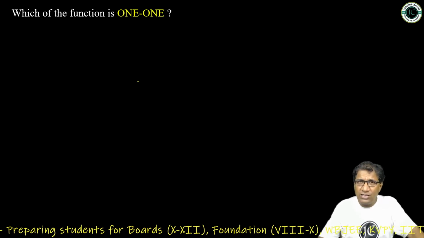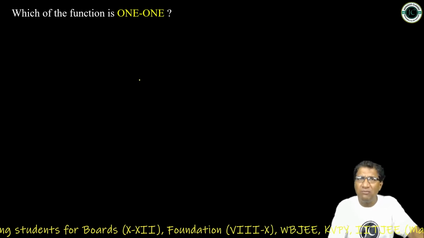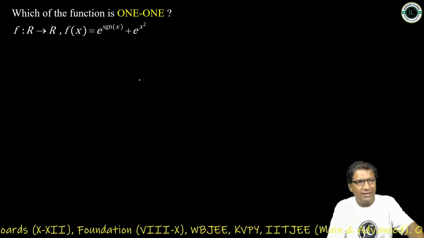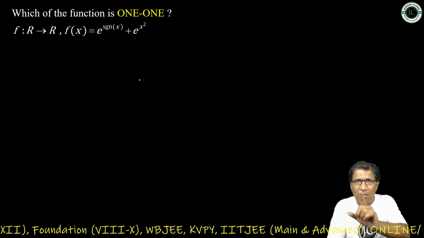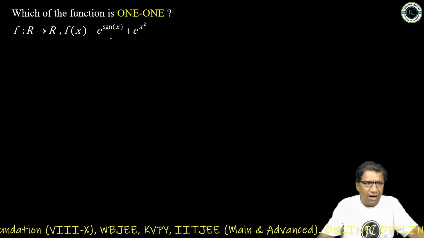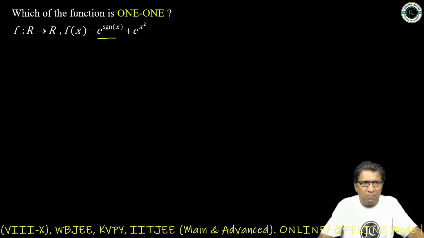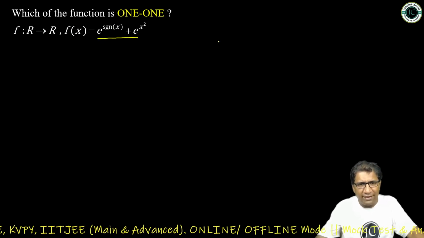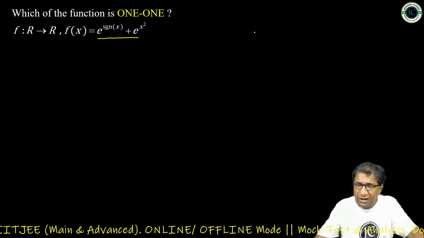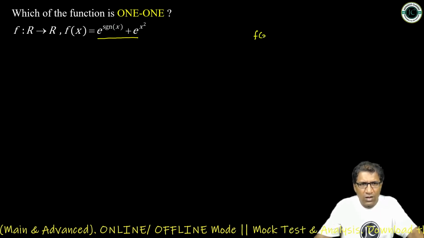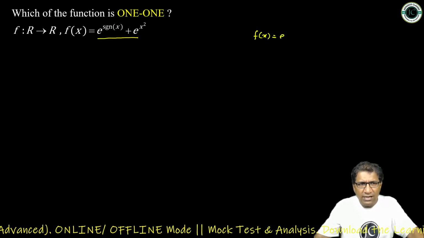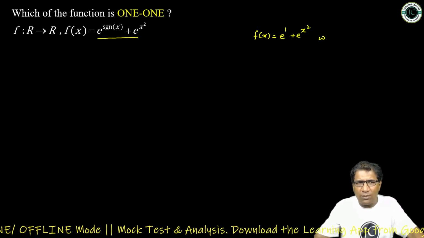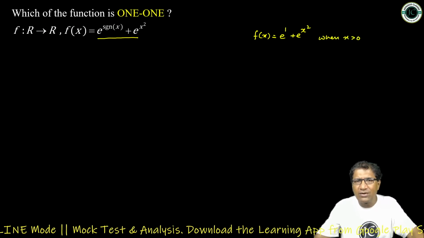Which of the functions is a 1-1 function? The function given here for the first one is f from R to R, defined as e to the power signum of x plus e to the power x square. First of all, I have to redefine this function. So fx becomes e to the power 1 plus e to the power x square when x is greater than 0.